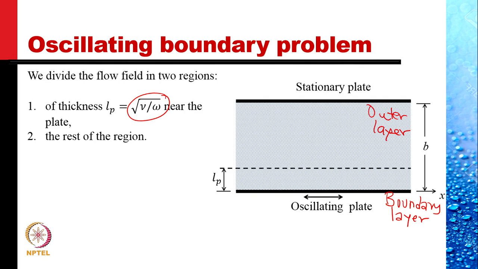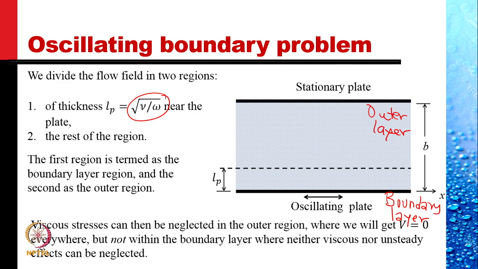Boundary layer is a very thin region near the oscillating plate. Viscous stresses can then be neglected in the outer layer, but not within the boundary layer, where neither the viscous nor unsteady effects can be neglected.